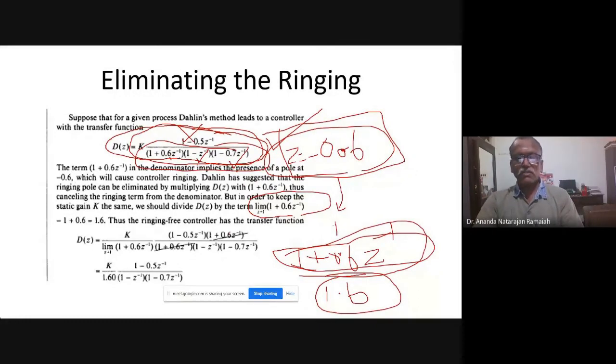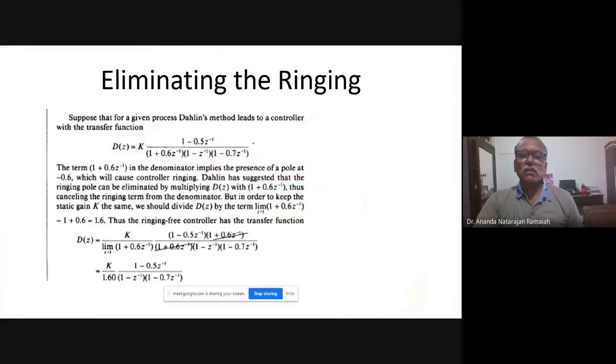What you have to do is multiply the numerator by 1 plus 0.6 z power minus 1, then automatically this and this will get cancelled. But the controller is not correct.